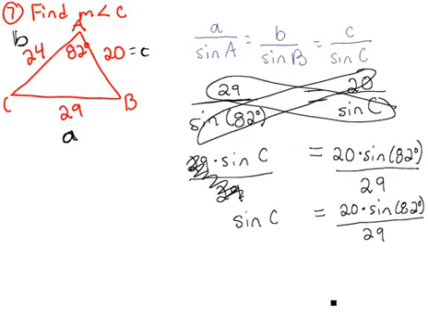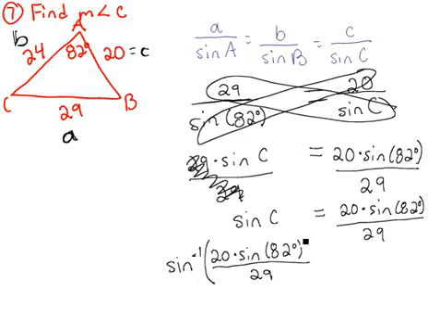But we don't want the sine of C. We want angle C. So when we know the sine and we want the angle, what do we use? Everybody. The inverse. So the inverse sine of all of this is approximately.